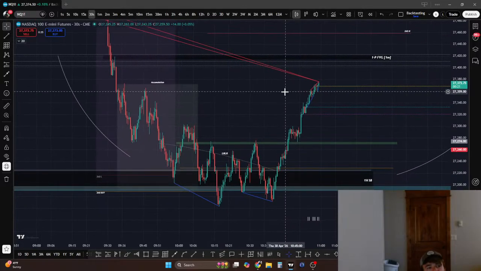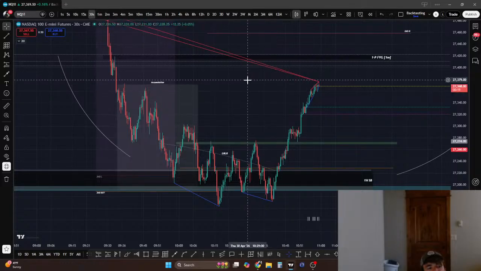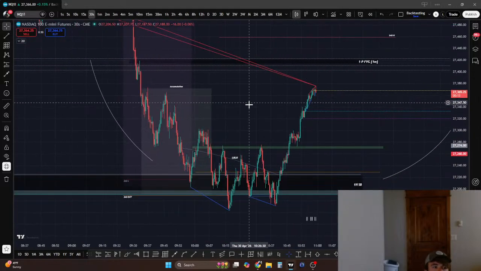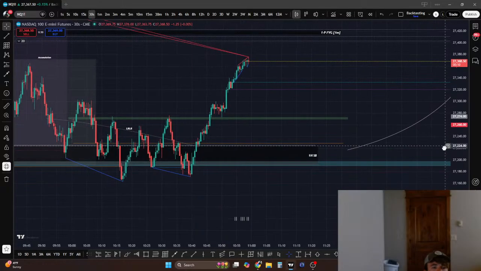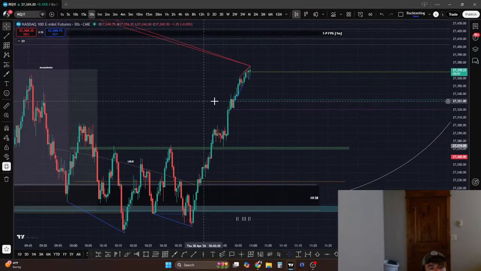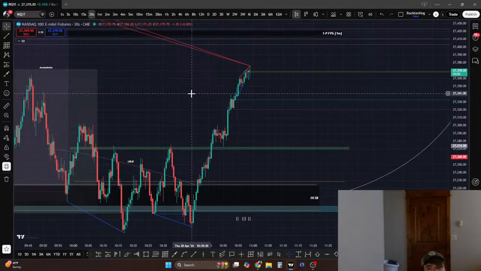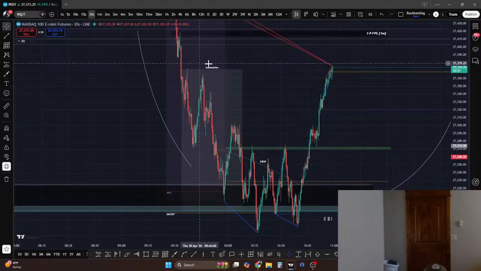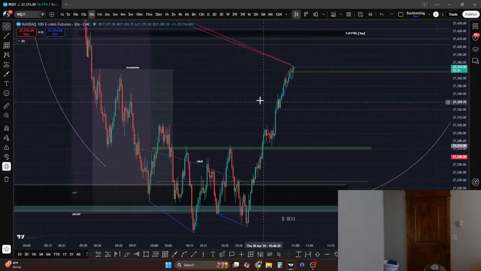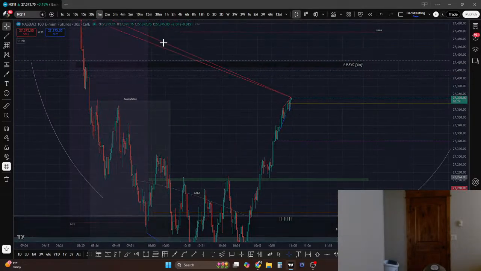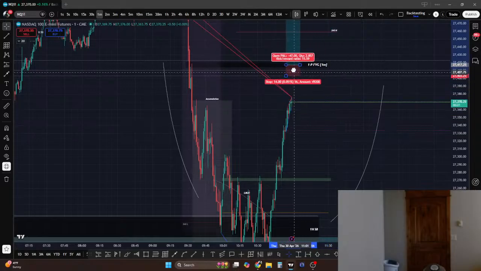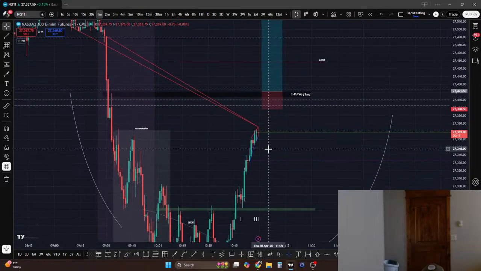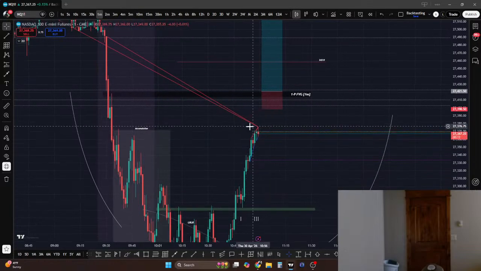I told you guys it was going to be 11 a.m. reversal. If we inverse it, we could try this, but I liked this trade way more. I really don't love this trade that much.